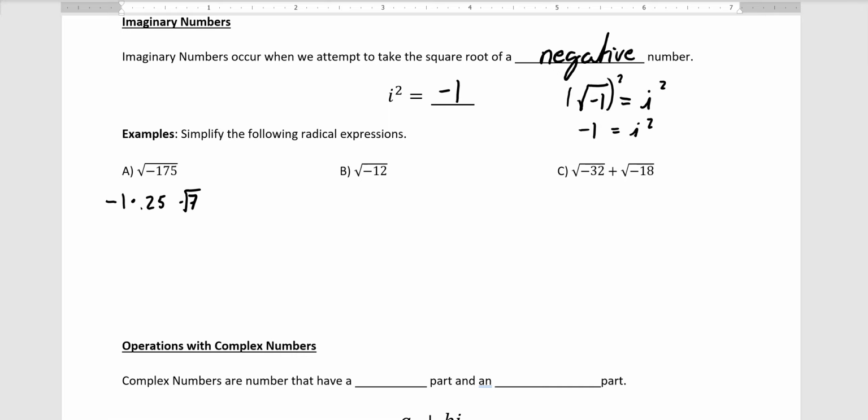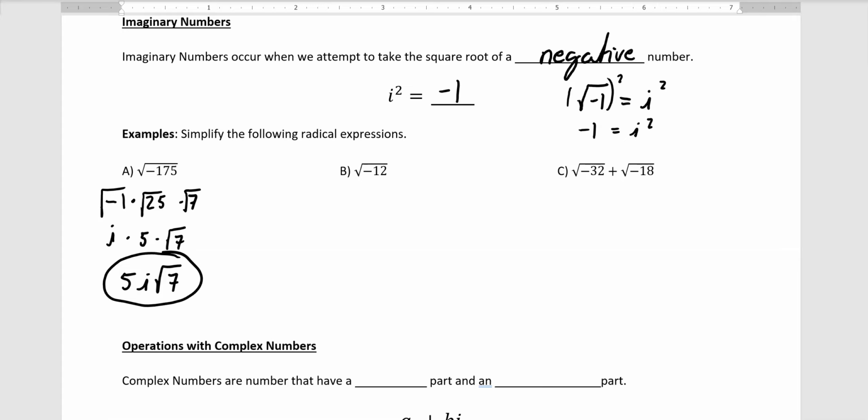Take the square root of all of these things. The square root of negative 1 is i, the square root of 25 is 5, and the square root of 7 we just keep. Our final solution is 5i root 7. The imaginary number goes between the coefficient and the radical.